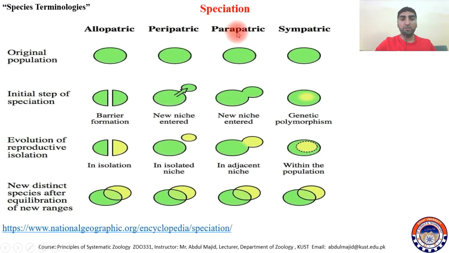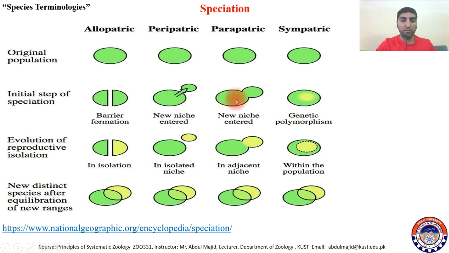And you can see this is parapatric speciation. This is the main population and they are spread over a long area. For example, this small patch is not isolated, while these are isolated, so they are spread over a large area. But this small population will try to interbreed over here in the near vicinity.